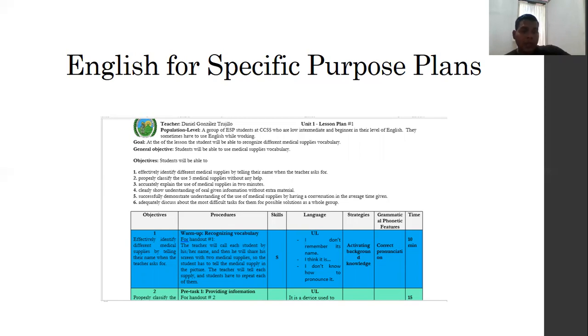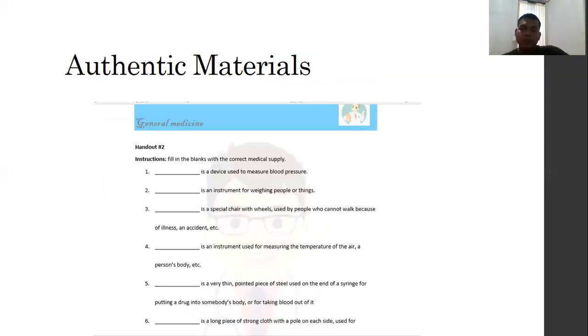Then successfully, number five, successfully demonstrate understanding of the use of medical supplies by having a conversation in the average time given. So I said, already included in this presentation are handout number one, number two. Because the other, for example, that's one, the main objective or the main task, it was to talk.